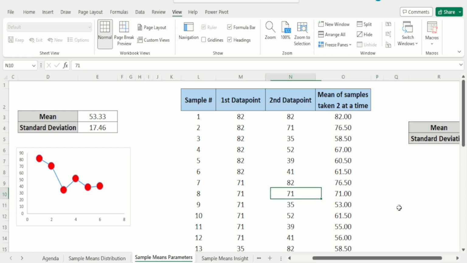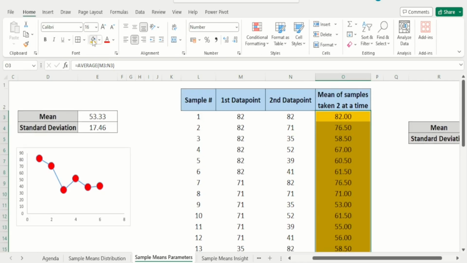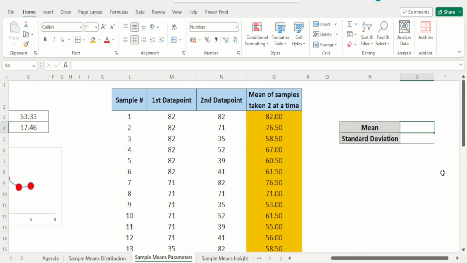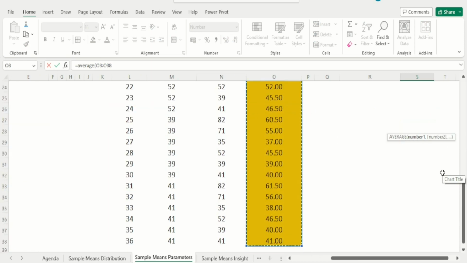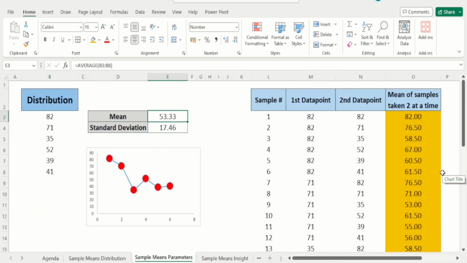If this was my population, the colored cells, then what is the mean of that population? Let's do an average of these numbers right here, and you will notice that, surprisingly enough, the mean of the means of samples is equal to the mean of the actual population.